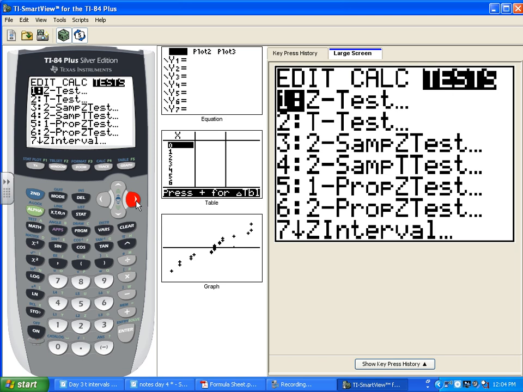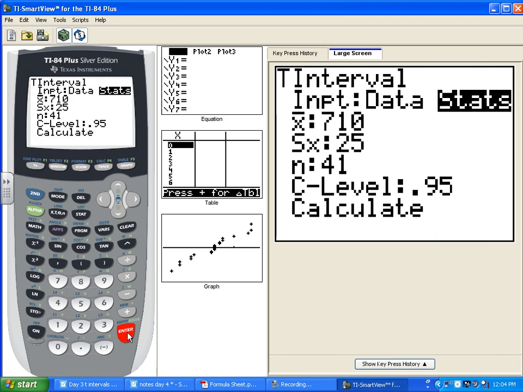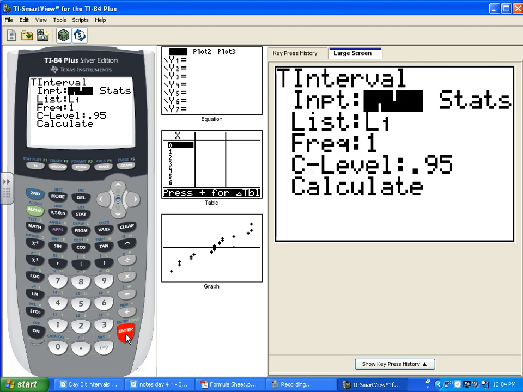And once again, we're doing a t-interval, correct? This time, instead of inputting my stats, I'm going to input my data. From where will I input my data? How about list 1?